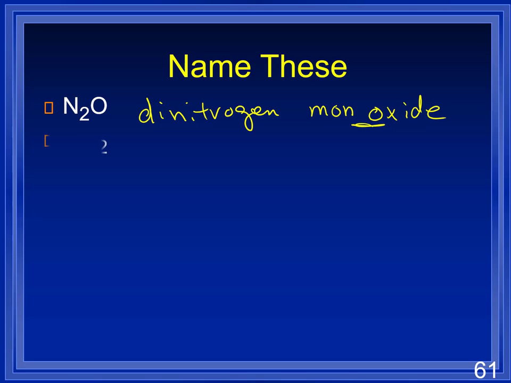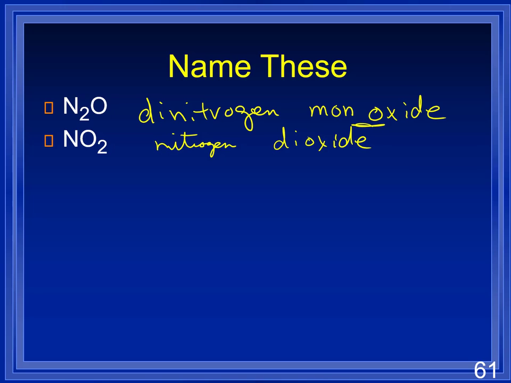As opposed to 1 nitrogen and 2 oxygens. Now the prefix that means 1 is mono, but I don't ever start with mono. 2 oxygens, dioxide.